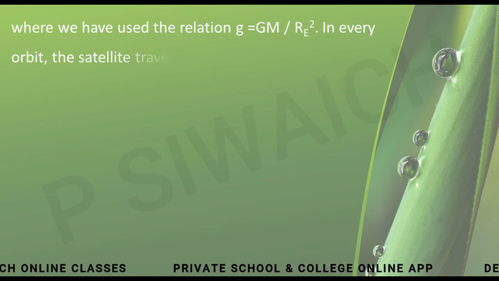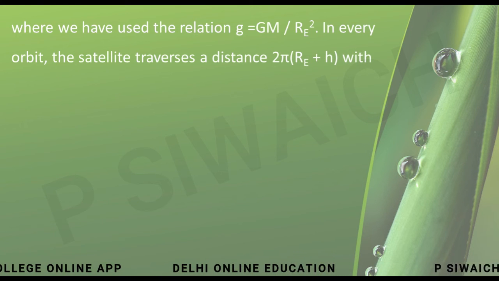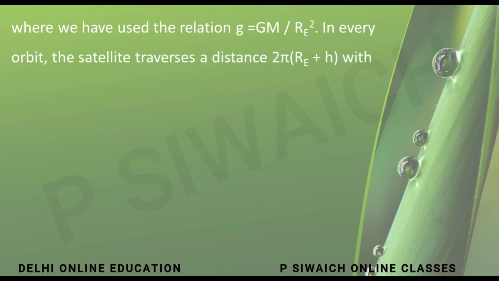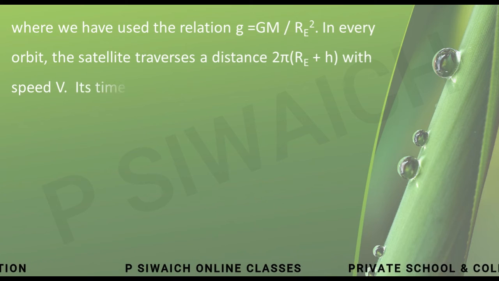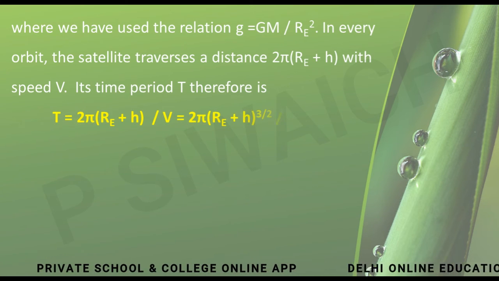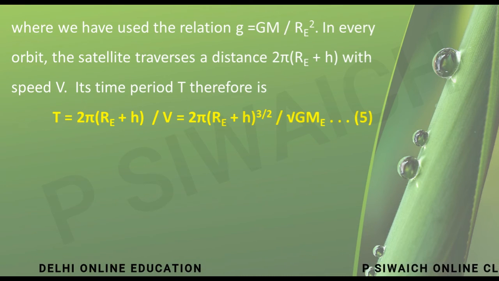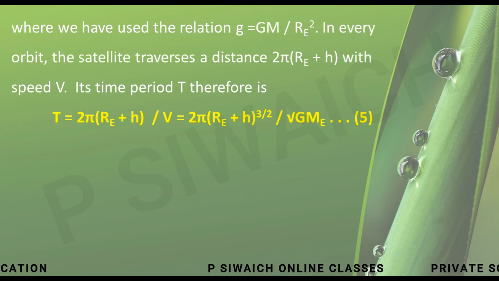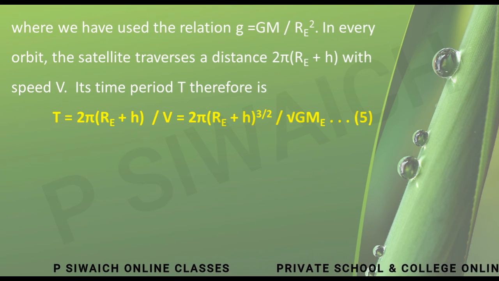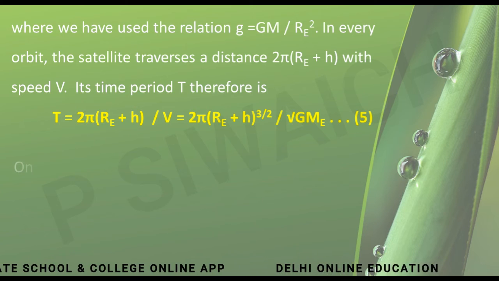In every orbit, the satellite traverses a distance 2 pi (Re plus h) with speed v. Its time period T therefore is T equals 2 pi (Re plus h) over v equals 2 pi (Re plus h) to the power 3 by 2 over under root G Me, that is equation 5.